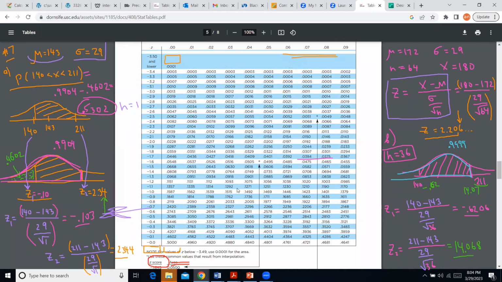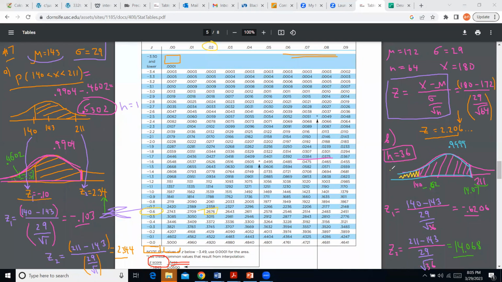So on the next page, actually on the previous page, I have negative 0.6 right there. And then the column 0.02. So right on the intersection of this, I see the value. It is going to give us this little tail that we don't really need.